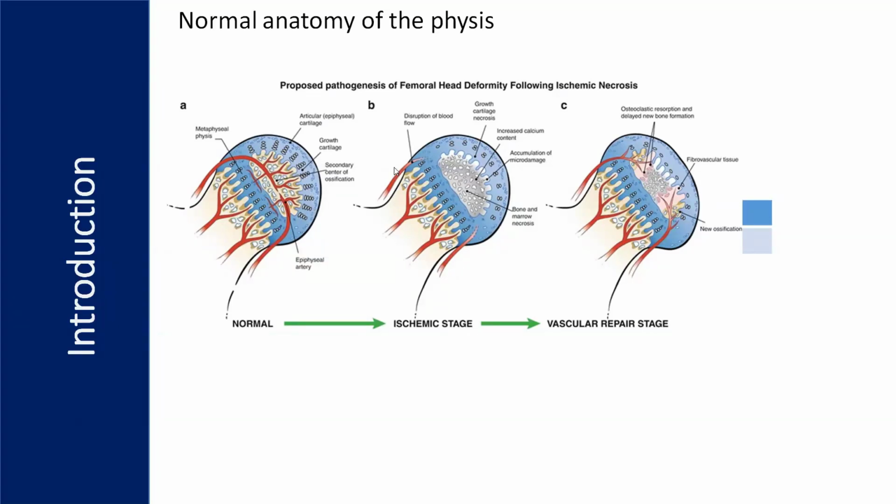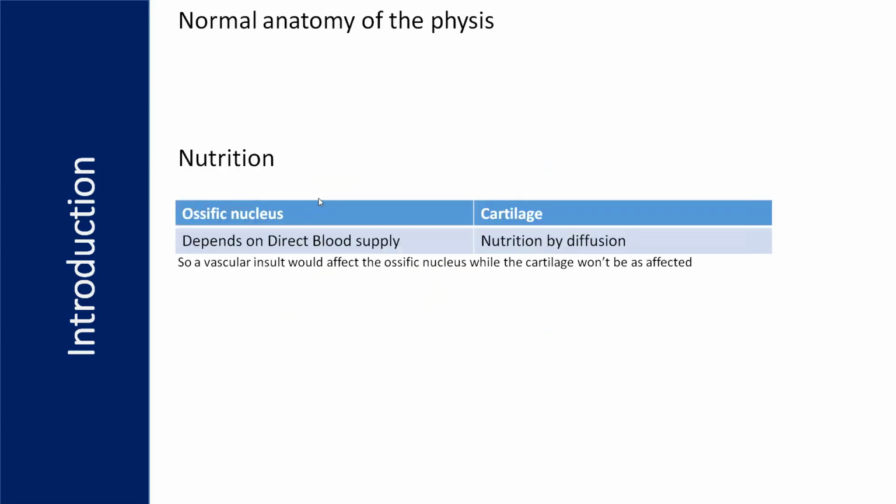When we do an X-ray, usually what we see in young people is a specific nucleus. So we're going to talk about nutrition. The specific nucleus depends on direct blood supply for nutrition, while the cartilage around it depends on nutrition by diffusion. Hence, a vascular insult would affect the ossific nucleus while the cartilage won't be as affected.